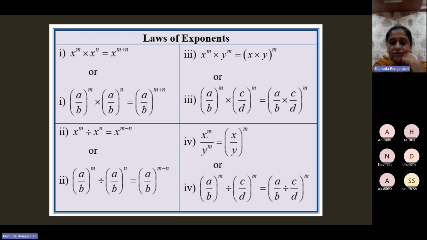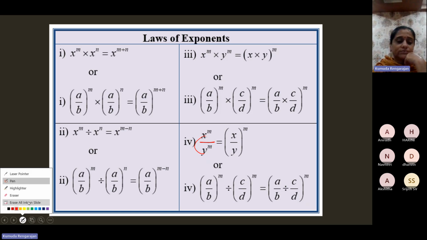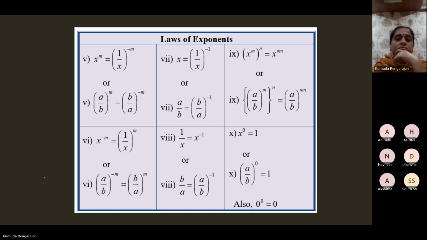Again, when bases are different and it's division but the powers are the same, we divide and raise the base to the same power: x divided by y, raised to the power m. These are reciprocal relations. We've taken up these situations many times. I think that's good.